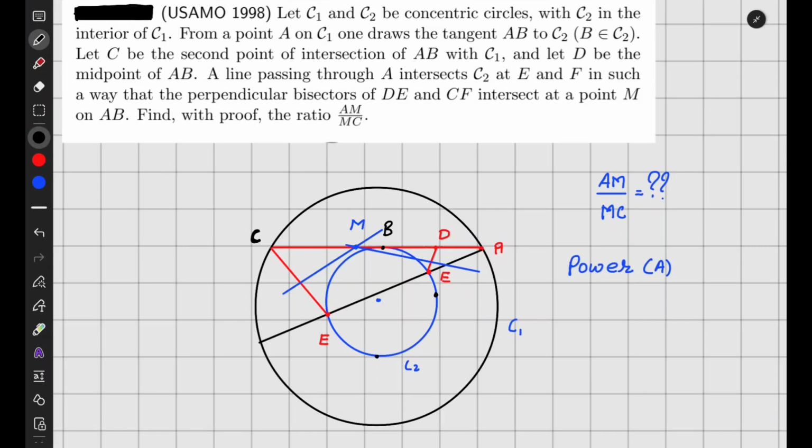So I'm discussing the power of point A, but with respect to what? Let's suppose with respect to C2, right? With respect to C2, it will come out to be AB square because it is tangent. So here I have included the tangent definition also, right? The power of A with respect to C2 will be like this, but it can also be equal to AE into AF. Done? So suppose it is equation number 1.